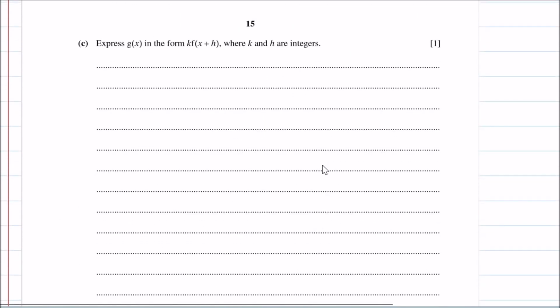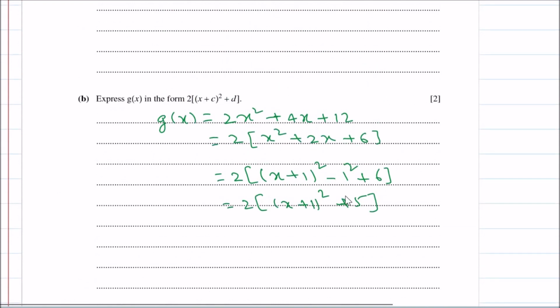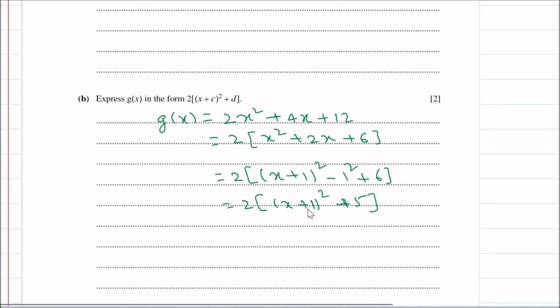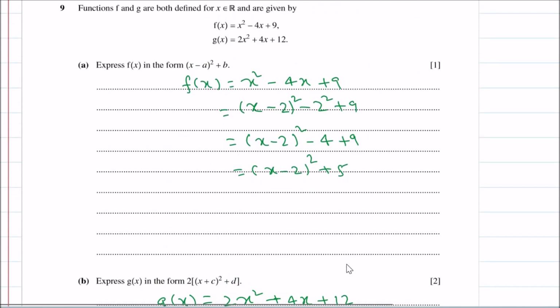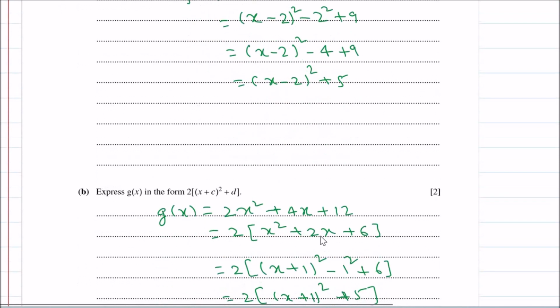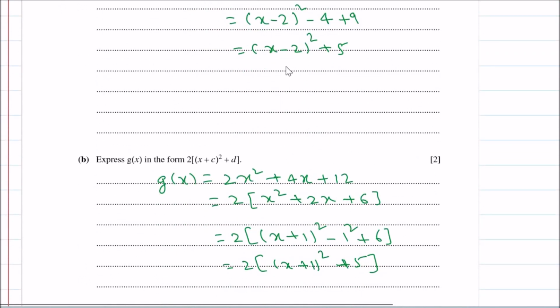Now express gx in the form kfx plus h. So if you compare here we have x minus 2 and here we have x plus 1, plus 5 and 5. So no change in the vertical shift. What is the change in horizontal? If you add plus 3 here, minus 2 plus 3 gives us plus 1.